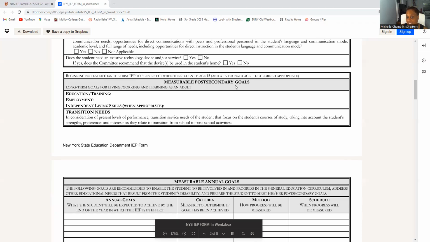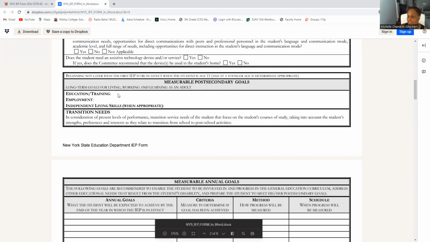Some students, as it says here, may be younger, and we have some post-secondary goals that we're already working on. So we need to think about education and training, employment, independent living skills.